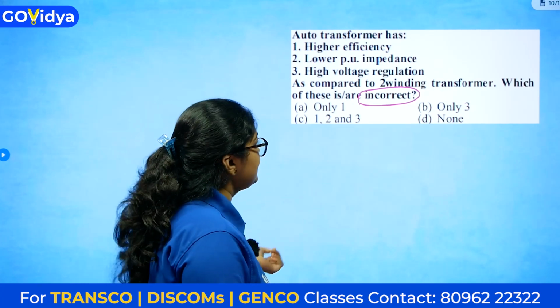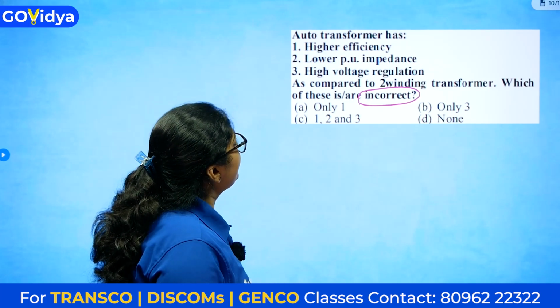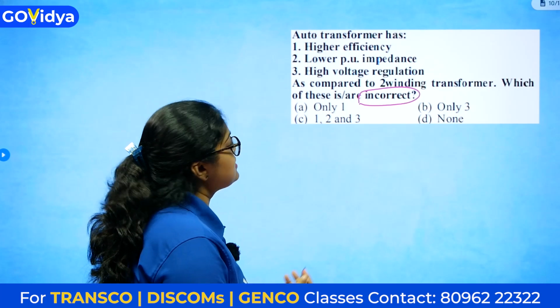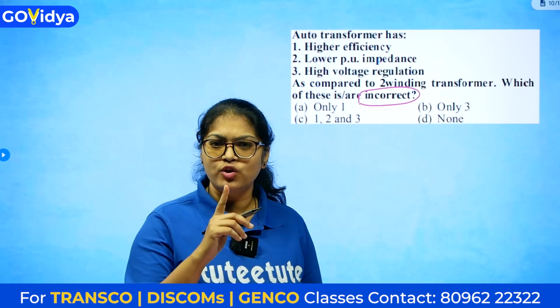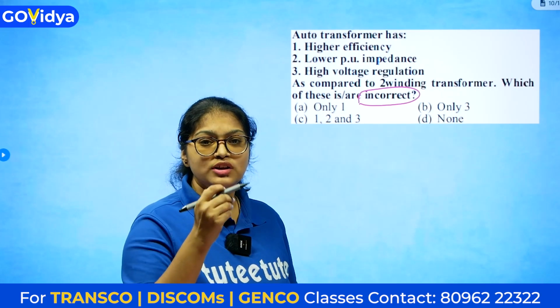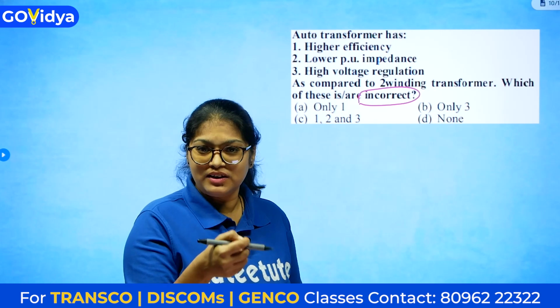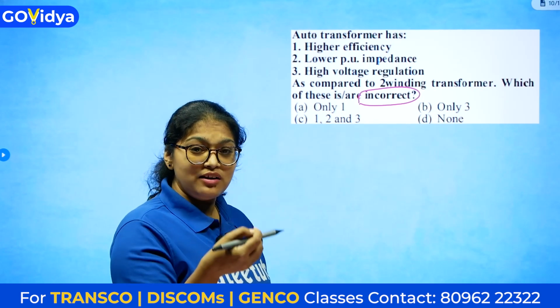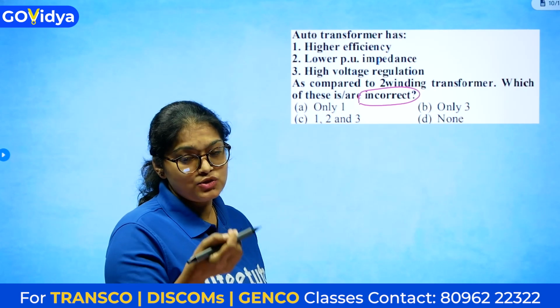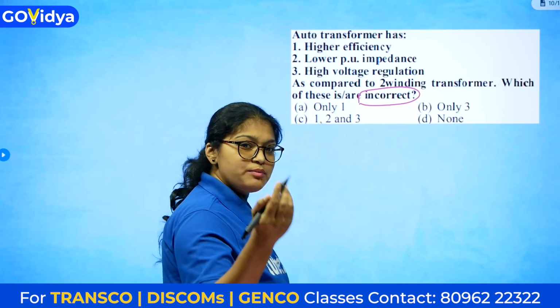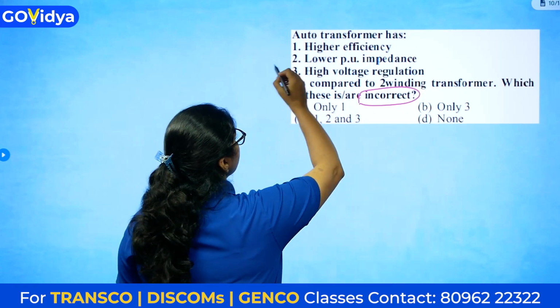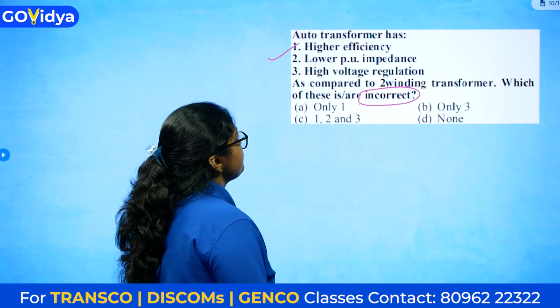Compared with the two winding, the auto transformer will have higher efficiency because it has only a single winding, so the usage of copper will be very less. Then we get less copper losses. If the copper losses are less, definitely the efficiency will increase. So that's why the auto transformer has higher efficiency.